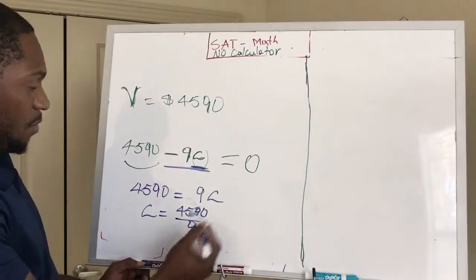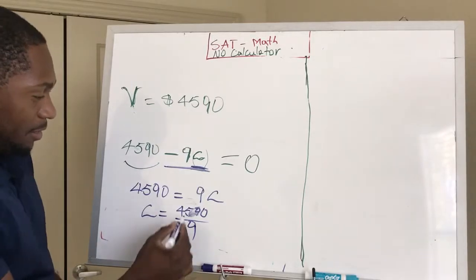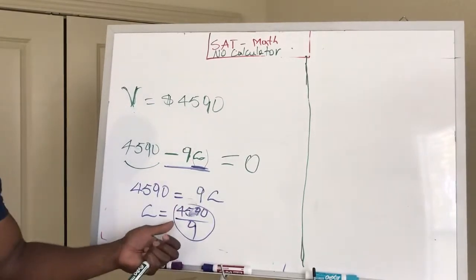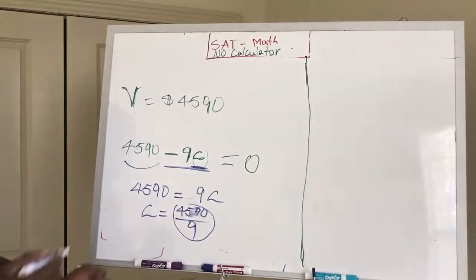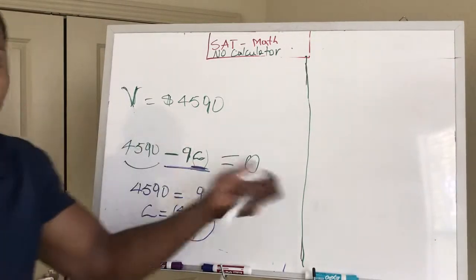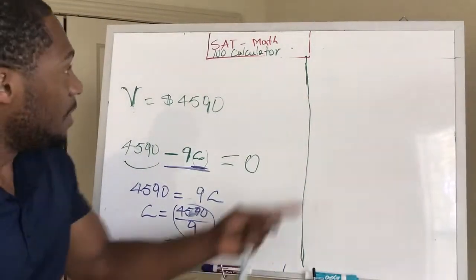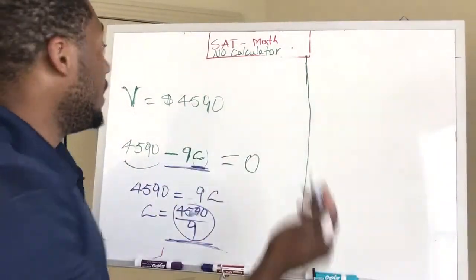And when you do this, we can't use a calculator. So this is what C is. You can leave it the way it is. You can try to solve it, but because you're gonna use it in another equation, let's leave it like this for now.